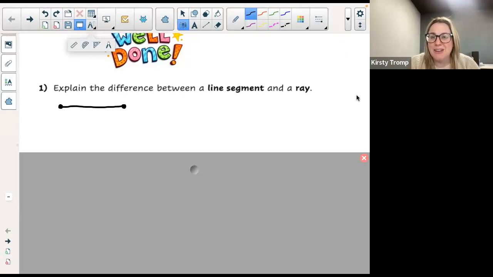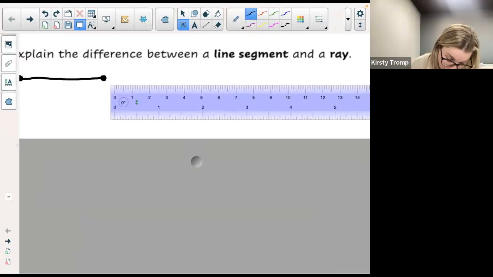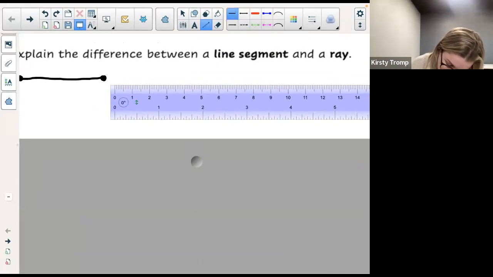Right, guys, it's really important that I use a ruler. I must remember to use a ruler. So if I'm drawing my line segments, there it is, I need to make sure that I'm using a ruler.